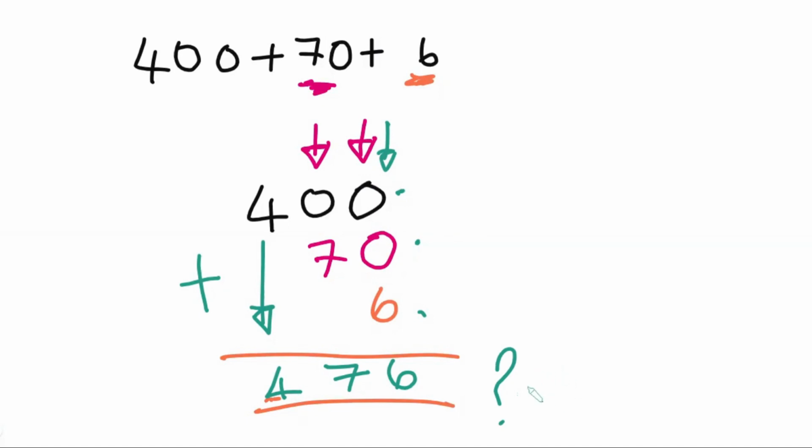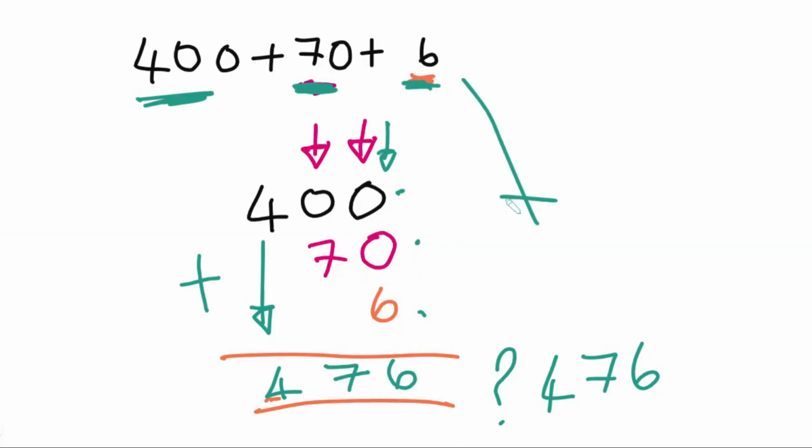What is the answer? 476. 400s plus 7 tens or 70 plus 6 is equal to 476. Absolutely phenomenal work as always. Well done.